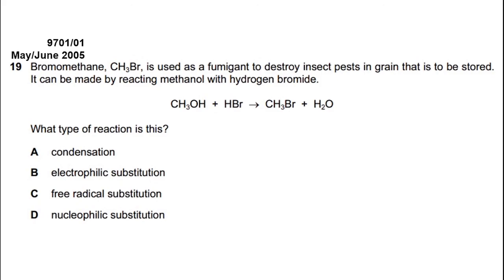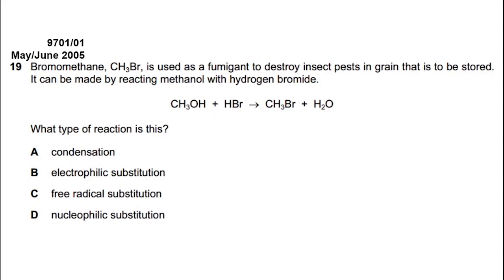Bromomethane is used as a fumigant to destroy insect pests in grain that is to be stored. It can be made by reacting methanol with hydrogen bromide. What type of reaction is this?